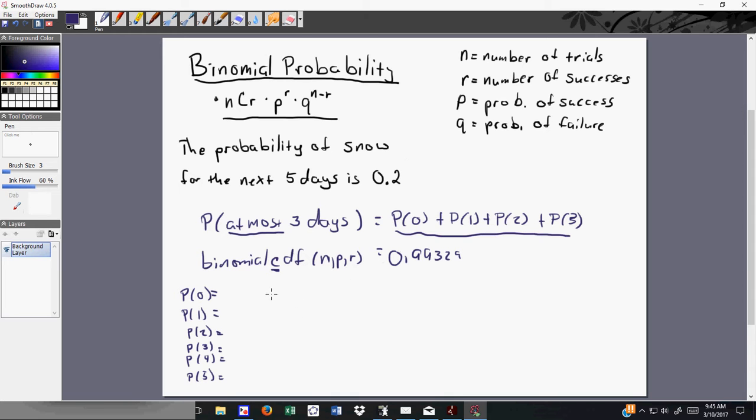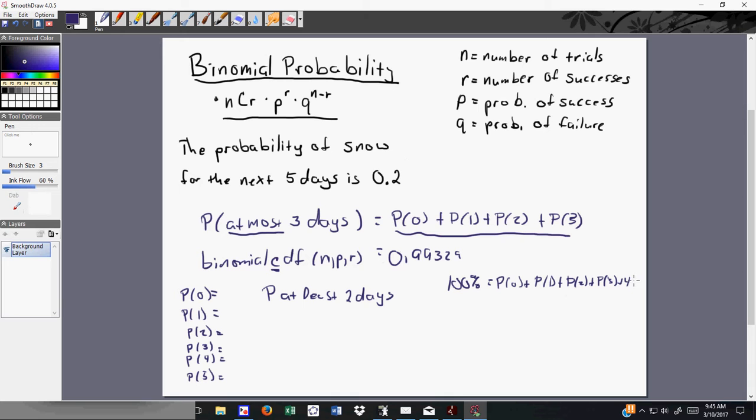Now, if it says the probability of at least, let's say at least 2 days, you run into a little bit of a problem. And I'm going to explain how we can rectify this. 100% would be the probability of 0 plus 1 plus 2 plus 3.